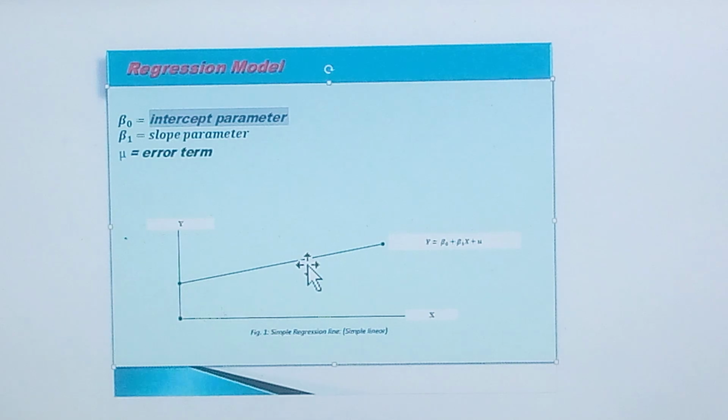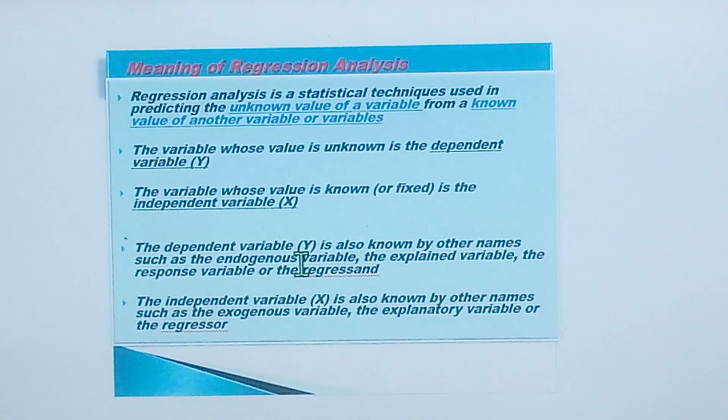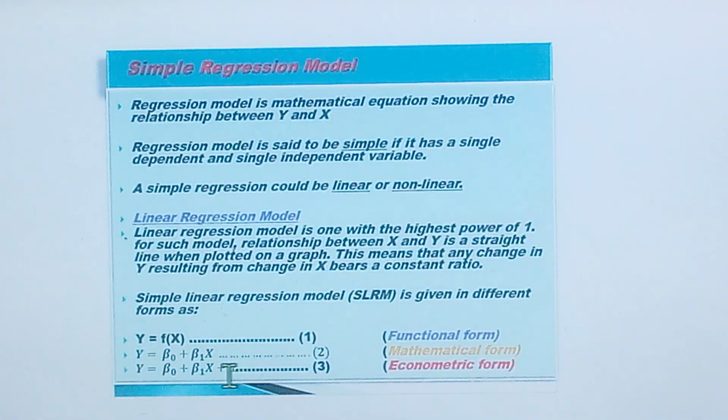It is the value of y when y does not depend on x at all. That is, suppose x is 0 in this model, then y will be equal to b0. So b0 is the value which y must assume if there is no noticeable relationship between x and y. So it is the intercept term, or rather the intercept parameter.